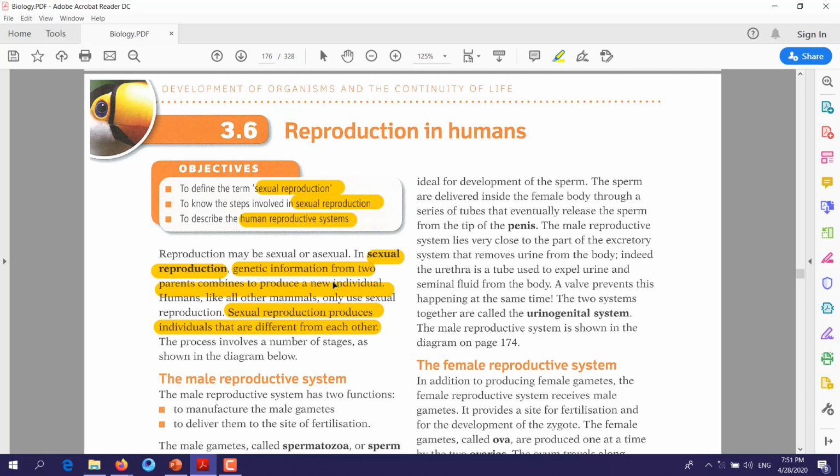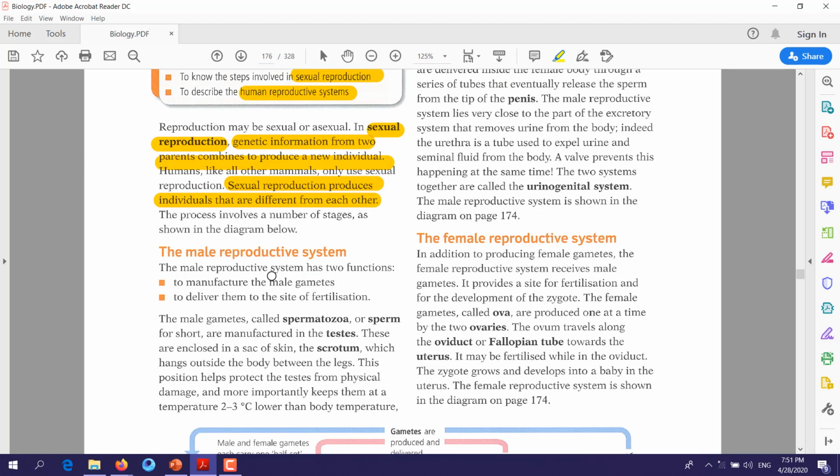So the offspring, of course, will not be similar to the parents. It will have some common features from the parents, but it will not be totally the same as the parents. This process of sexual reproduction goes through different steps or different stages.